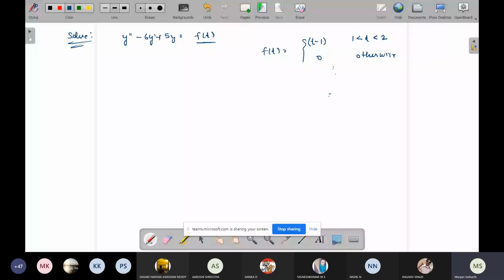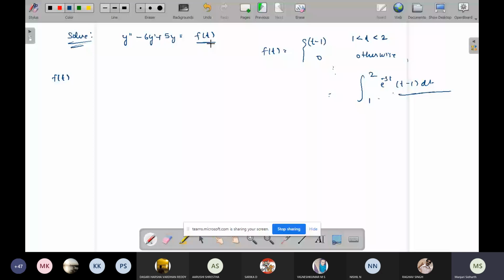That means you need to solve the integration from 1 to 2 only: e power minus st, ft is t minus 1, dt. Anyhow, when we are taking the Laplace transform, you need to find Laplace of ft, right?